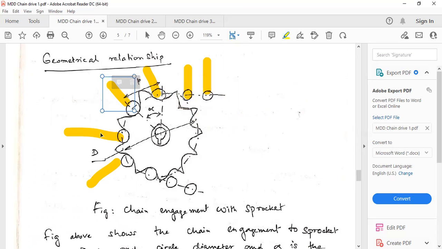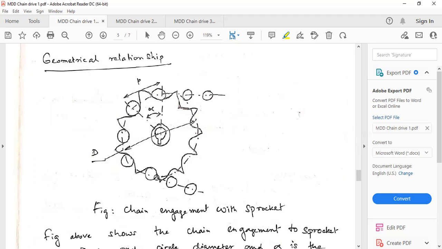And you see, this is a sprocket, right? All the rollers will fit into the empty gaps of this sprocket. So what happens when this roller takes a turn or wraps around the sprocket?